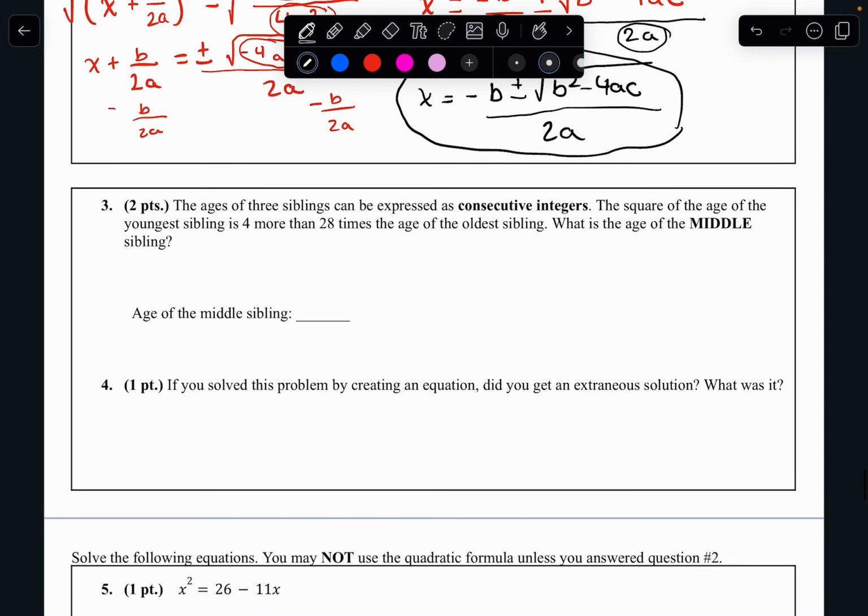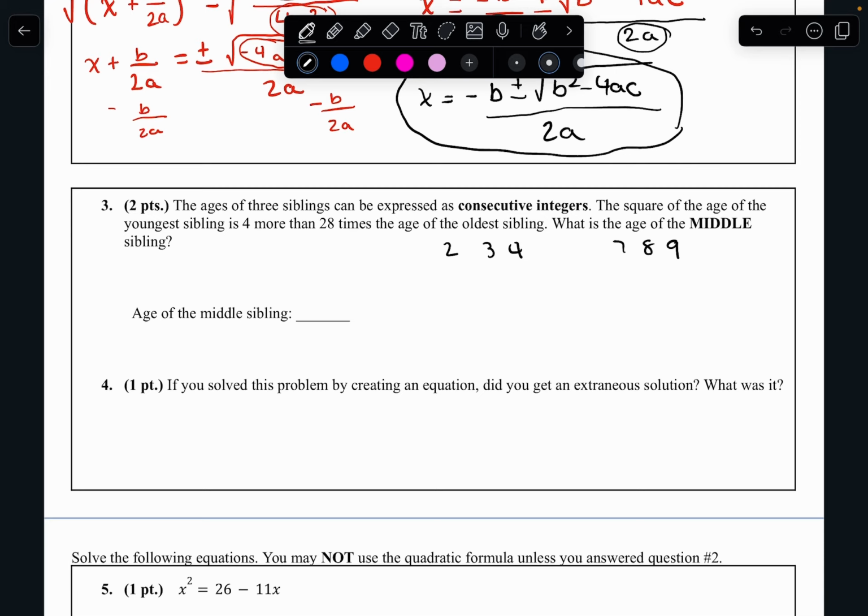Okay, number 3. The ages of 3 siblings can be expressed as consecutive integers. Consecutive integers are numbers like 2, 3, 4, or 7, 8, 9. That means that they're right next to each other.